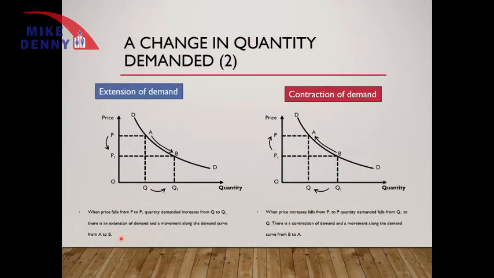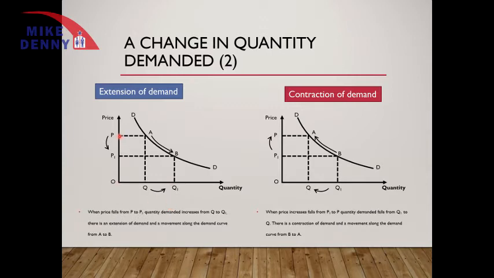We explain this using graphs. So we have seen that the demand curve indicates the intentions of consumers. So extension of demand, which is the same as an increase in quantity demanded, is a situation where there is a fall in the price of a good leading to an increase in the quantity of that good being bought.